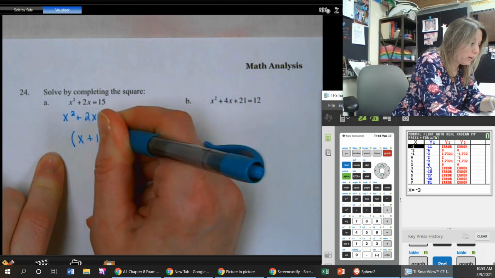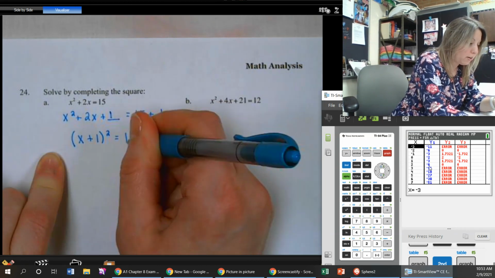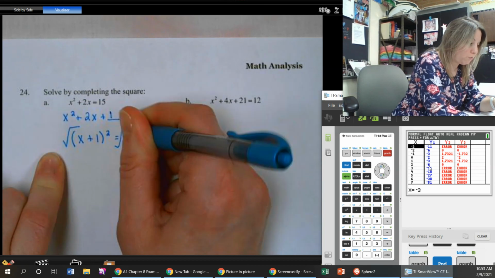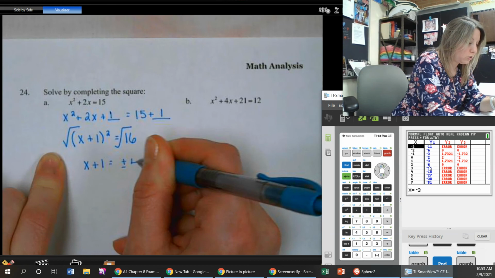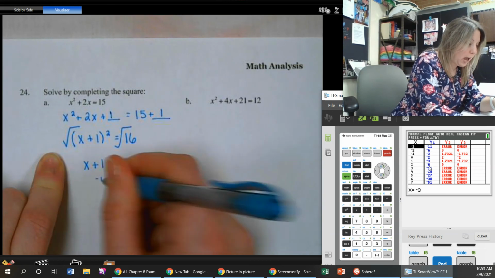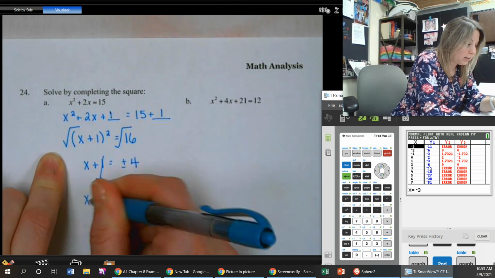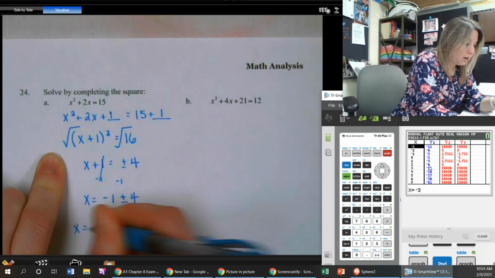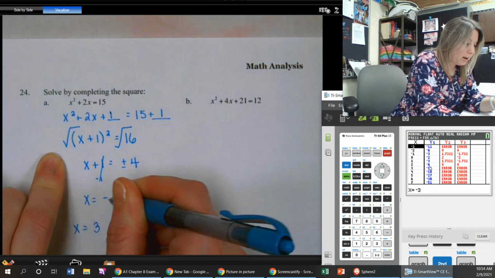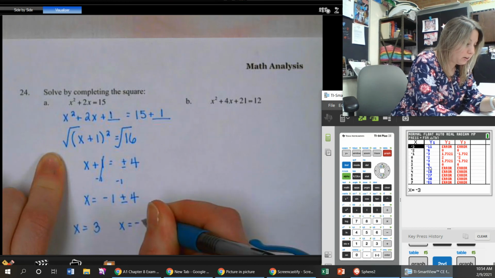The whole point is to get a binomial squared and then take the square root of both sides. So x plus 1 equals plus and minus 4. So this is going to yield me actual integer answers. So negative 1 plus 4 is 3, and negative 1 minus 4 is negative 5.